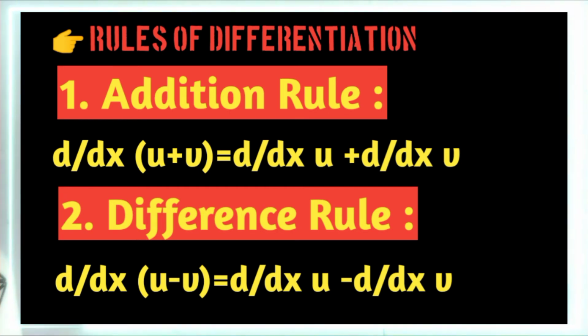So we get dy by dx equals du upon dx plus dv upon dx. This rule is called addition rule. Now second one is difference rule. So here we are given y equals u minus v, difference of two or more functions. So in this case, we take dy by dx equals du upon dx minus dv upon dx.